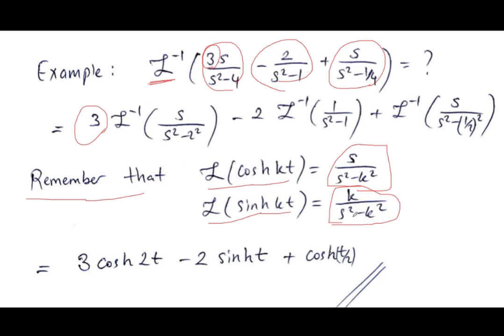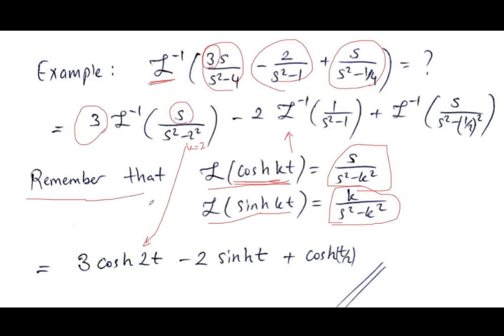Now by looking at these, we can easily make the analogy in the above problems, like s squared minus 4, and we have s in the numerator. So that means basically the first one looks like our hyperbolic cosine k times t, right? And this 3 is out. So this expression gives us the hyperbolic cosine 2 times t, because here we have k equals 2.